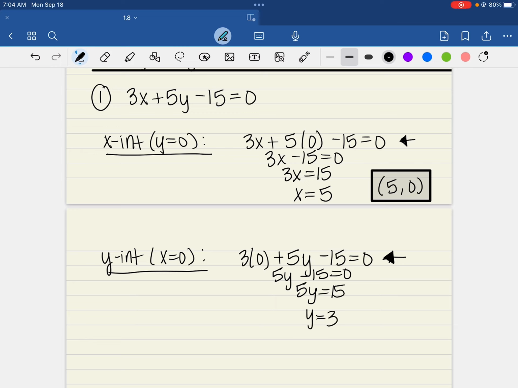Y equals 3. So 0, 3 is my answer. Okay. So we show our substitution, and obviously we should show that our final answer is a coordinate point.